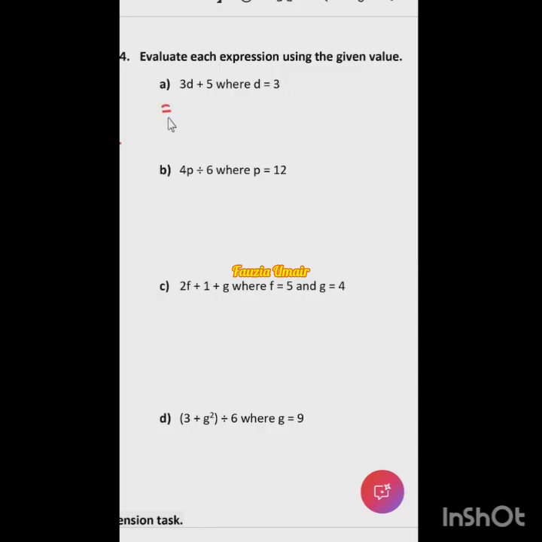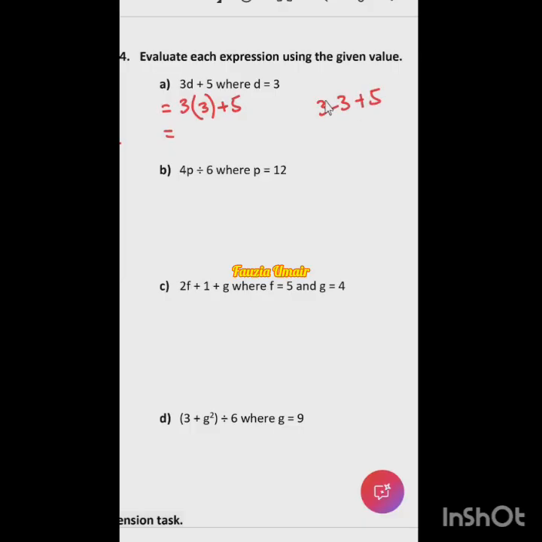First of all, tell me how many terms are there, Zainab? 2 terms. And then what is the operation between 3 and d? Multiplication, right? So now when we put the values, we will write 3 multiplied by 3 plus 5. Don't mix the operations. Sometimes when there is a negative value, for example if d is minus 3, the student will write 3 minus 3 plus 5.